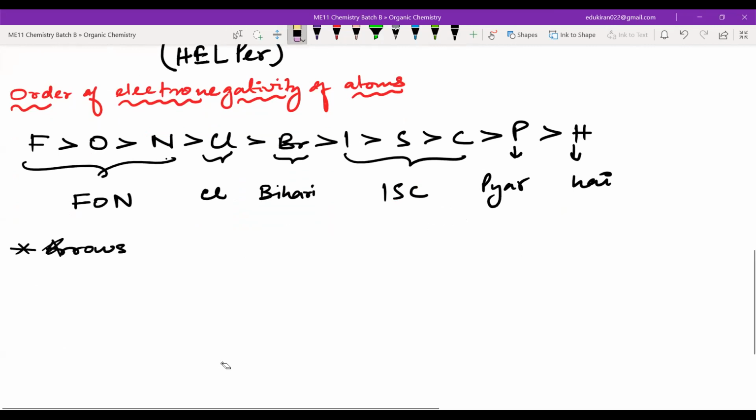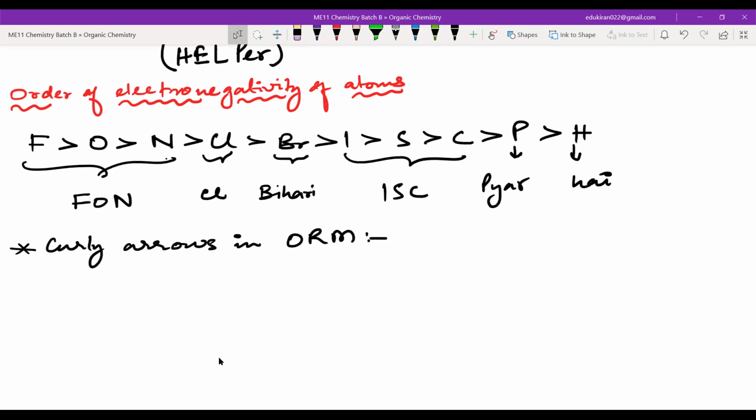Curly arrows in ORM, organic reaction mechanism. Okay, curly arrows in organic reaction mechanism. Number one, movement of an electron pair.